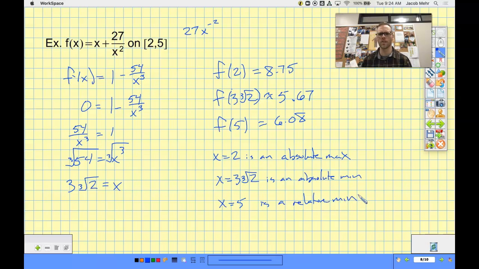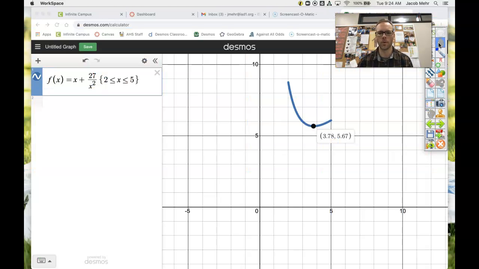And I'm sorry I didn't pick any examples that got much more interesting than this. It was always kind of this swoop down and then come back up graph like we have right there.